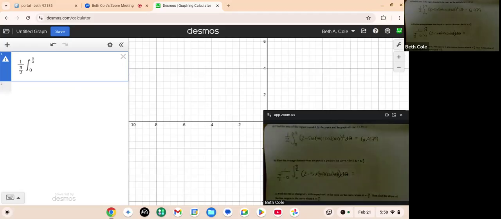All right, so 1 over, I didn't write the minus 0, pi over 2 minus 0, integral 0 to pi over 2, and then I'm going to put this R equation. I'm not sure if it needs parentheses here or not, but I'm going to put one.